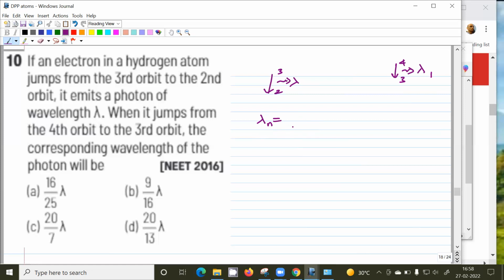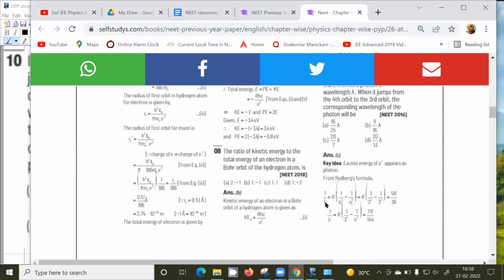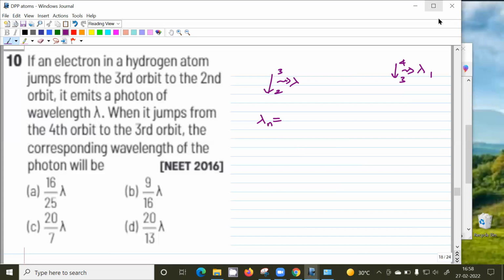What is the formula for lambda n? Basically 1 by lambda is R into 1 by n initial square minus 1 by n final square. This is the one used. Okay, this is a little bit lengthy calculation.